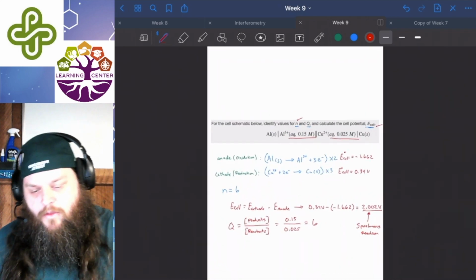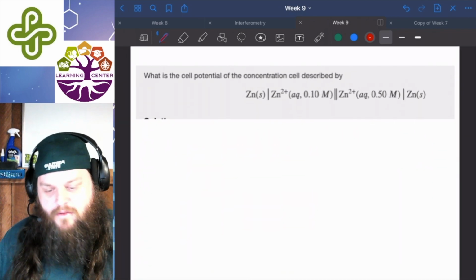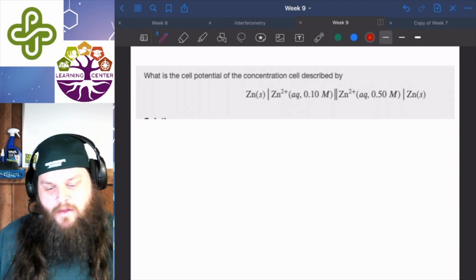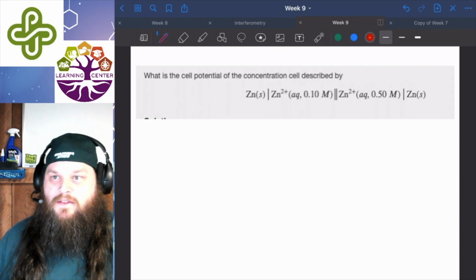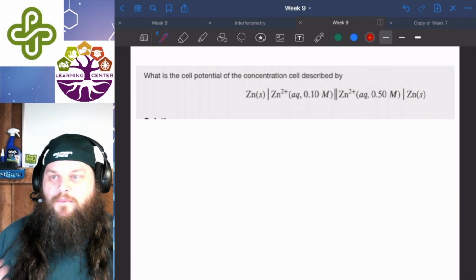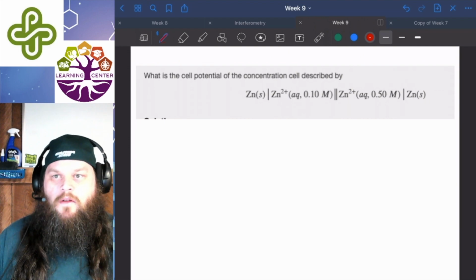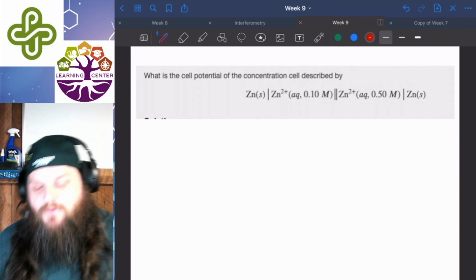Let's try another problem. This one has to do with zinc solid turning into zinc 2 plus on both sides of the equation. In this case, the molarity is really what's changing here. It's going from aqueous 0.1 molar to aqueous 0.5 molar. So let's write these out.